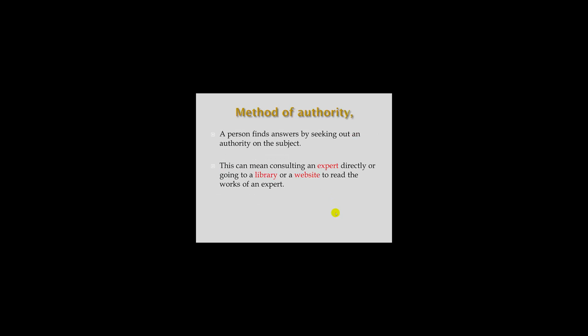The next method is the method of authority. This is the kind of things that we learn from experts. And the experts could be a person or a book, a textbook, or even a website. One of the things that you need to know about the expert is to learn about the limitations of asking or learning through experts. First of all, you got to know that sometimes the expert's opinion are not based on research and could be subjective and very personal.